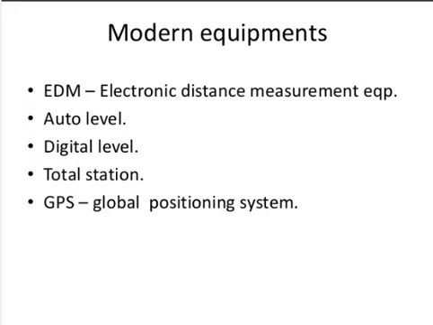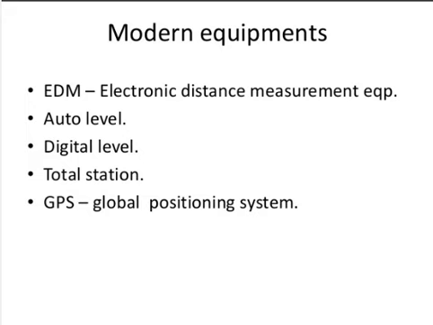If you go with a modern instrument or high-end equipment, you can get 1 meter of error only for 10,000 meters. So the difference is that. Using modern equipment, you can reduce the errors, and also save a lot of time.